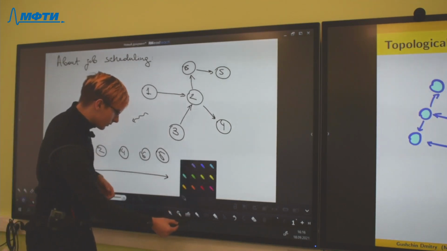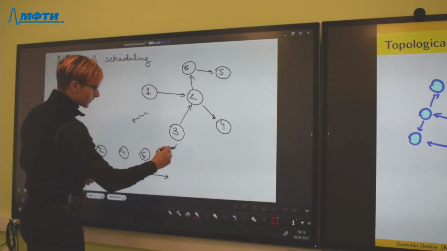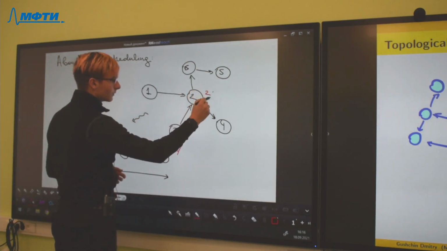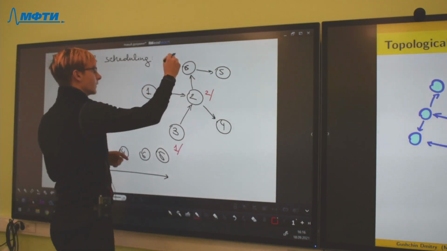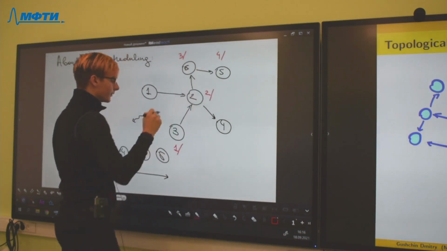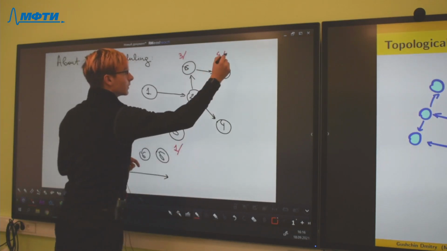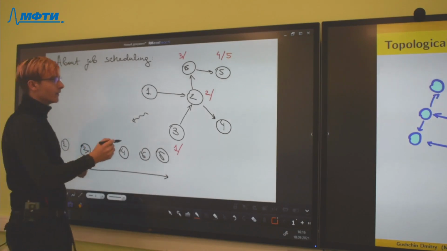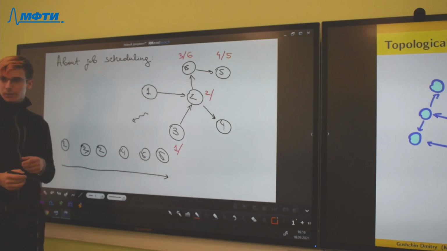For example, if we start with 3, we go to vertex 2, then we go to this vertex, and go to this vertex. Then we finish with 5. It's time to add it in the list. Then we finish with 6, and we add it to the list.